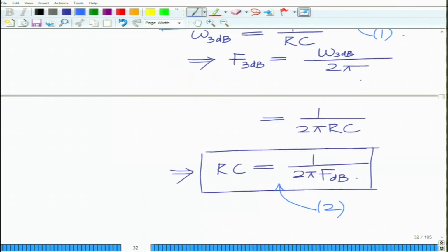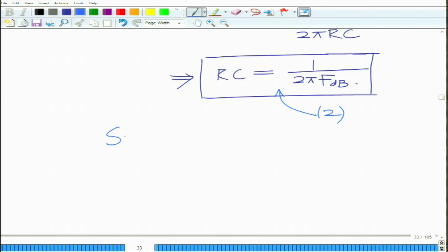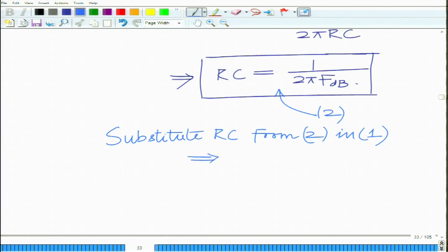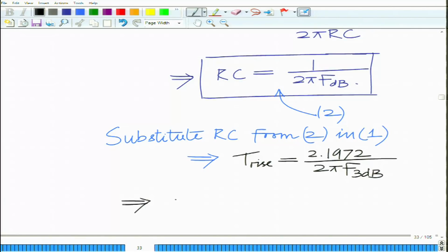So, substituting RC from 2 in 1, this gives us the result that T rise equals 2.1972 times RC, but RC is 1 over 2 pi f of 3 dB, the 3 dB frequency.